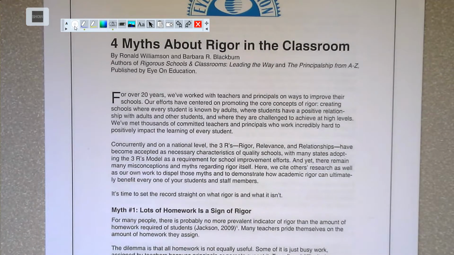Next up, before I draw their attention here, I'm going to cover up some key parts. With this, I'm going to cover up that the article is getting to the idea about rigor. So I'm going to take out one of the thoughts about the article, which would be looking at the myth idea.